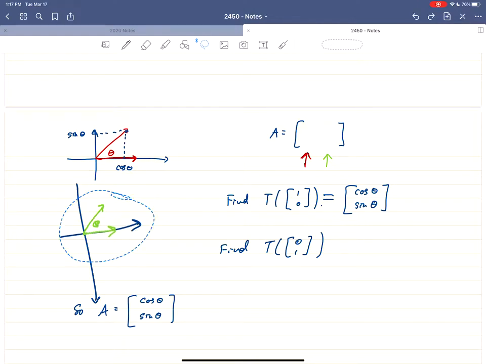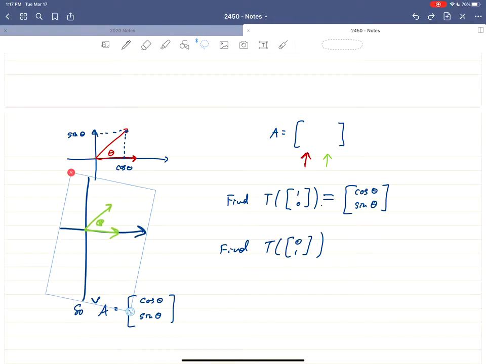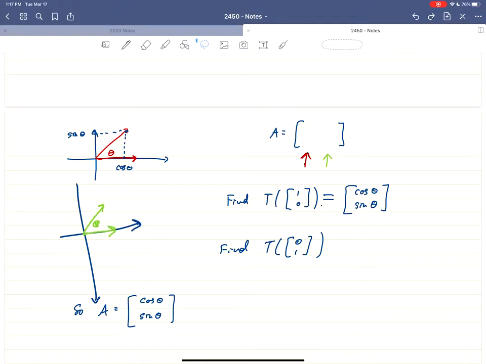Take this and rotate it so that this is in line with the unit vector in the x direction, i hat, 1, 0, you would have the same values, right? You would have cosine and sine. But this is not the vector i hat, this is j hat. So you need to think about what these values are going to be.